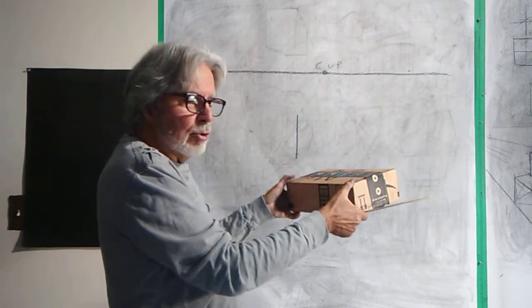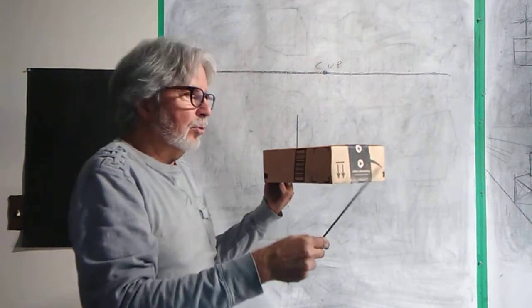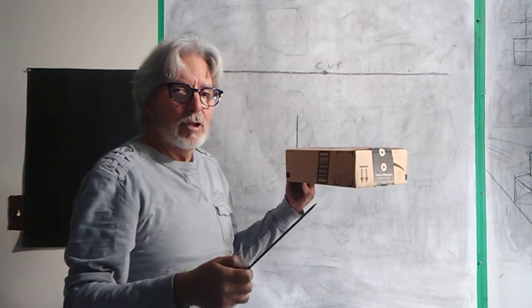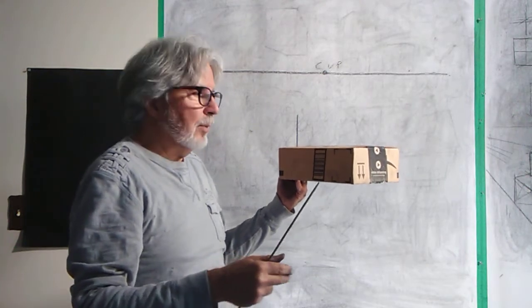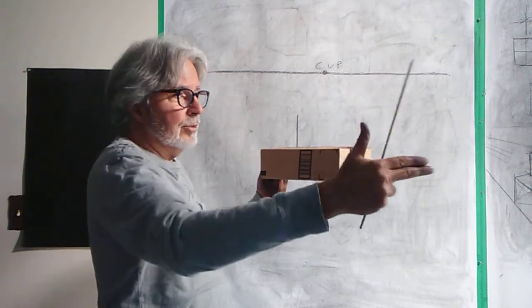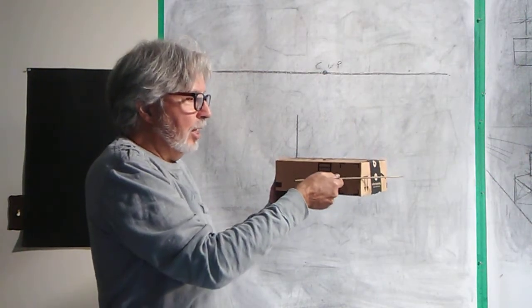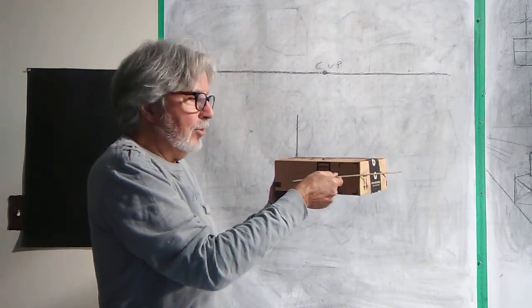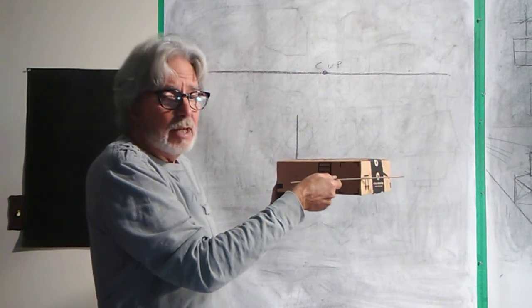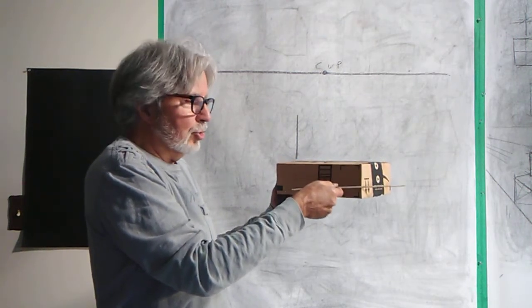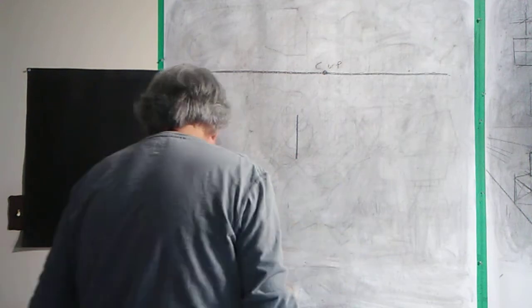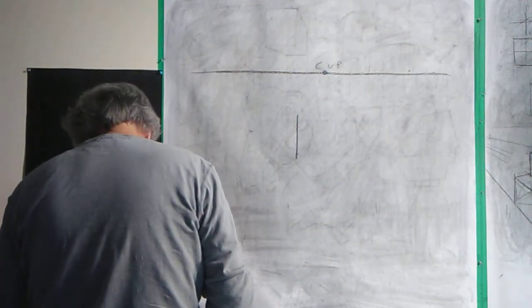So what you're imagining, if you're doing this right, is in front of your face a plate of glass. And that plate of glass is coming right up to this object like this. And this object now is behind the glass. And the only thing that touches is this leading edge. That's it.